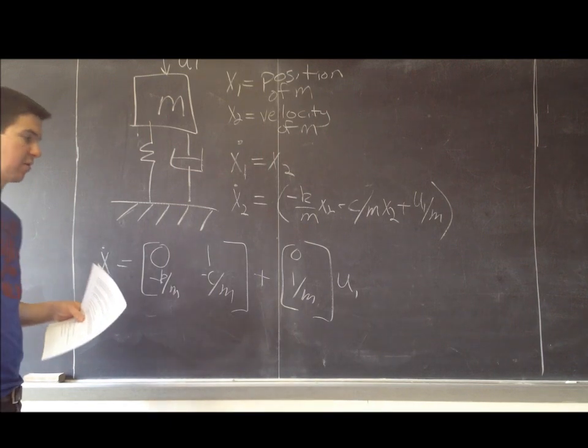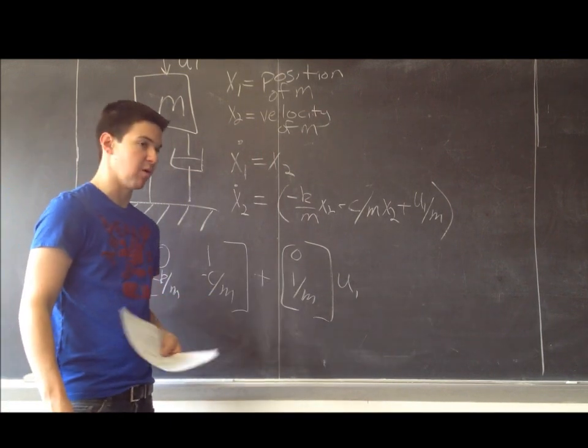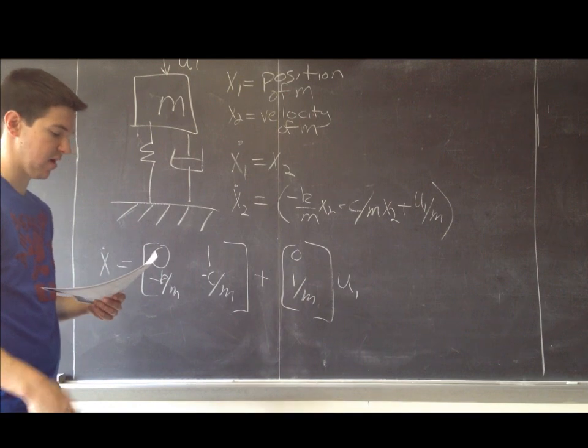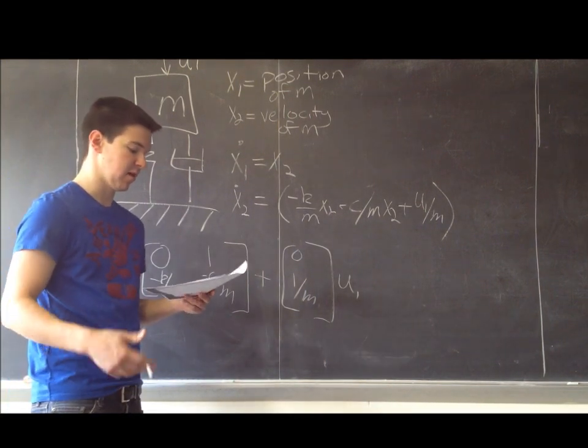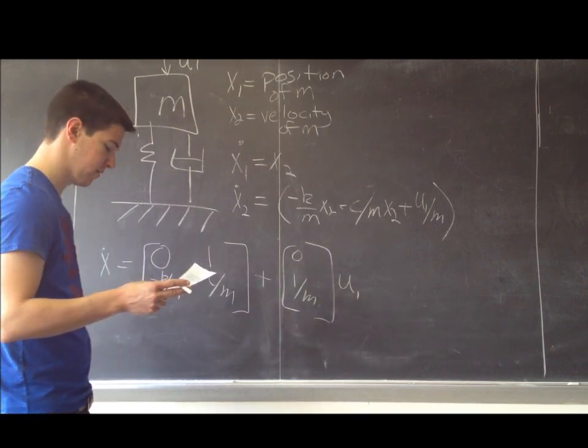Alright, so at this point we're going to eliminate the u1 variable because this problem is basically just the mass is in motion and we're not going to keep a force on it the entire time.